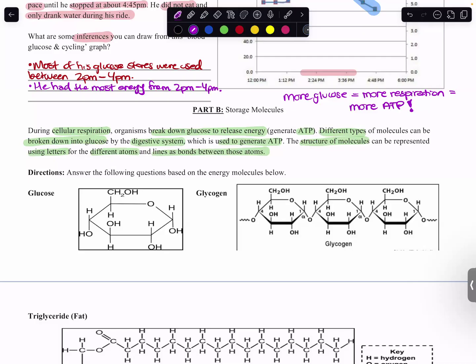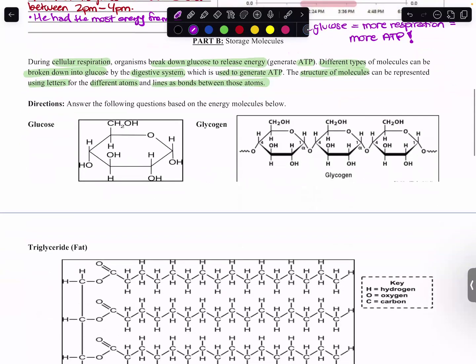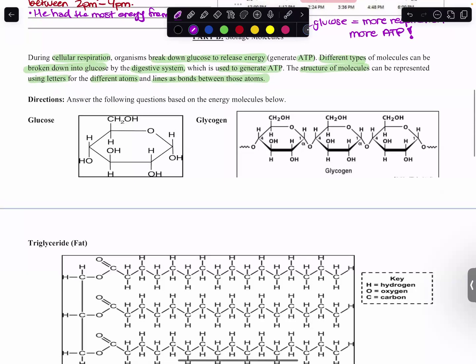There's a little bit of chemistry in here for you. We're going to answer the following questions based on the energy molecules below. All right. So glucose, right? I'm looking at glucose, and anytime that I'm talking about a sugar, you're gonna see that the sugar is always in the form of a ring.